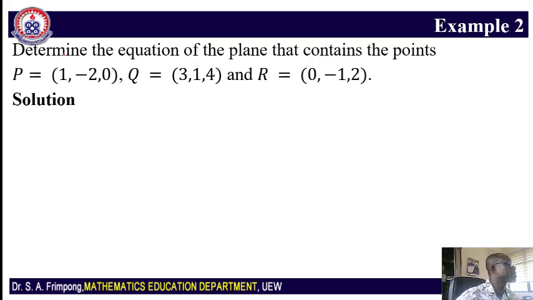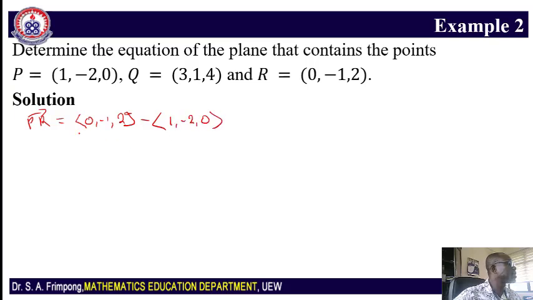So if I want the vector PR, it's going to be the position vector R, (0, -1, 2), minus (1, -2, 0).